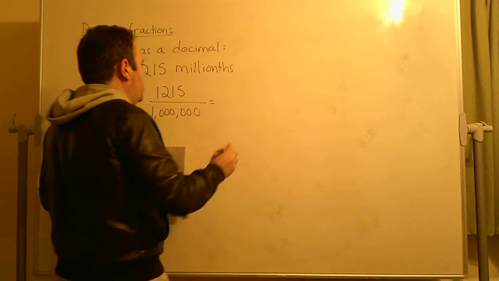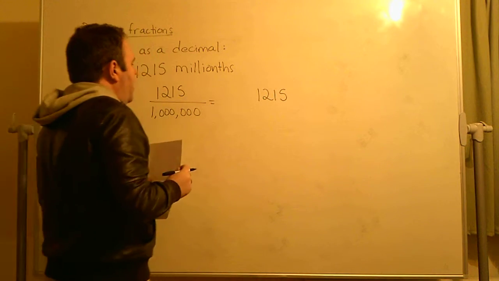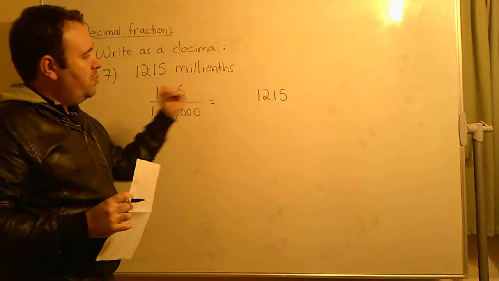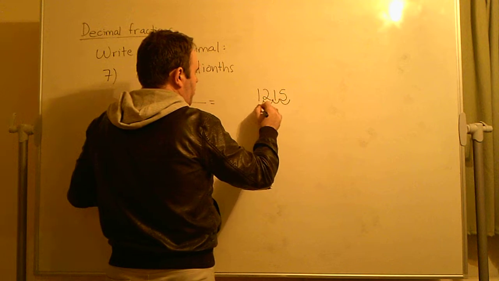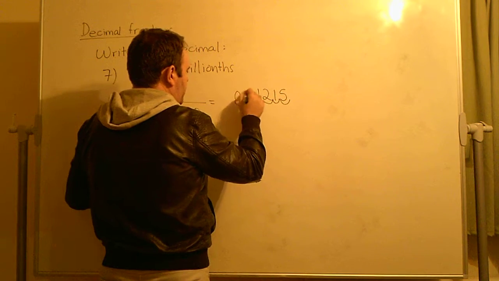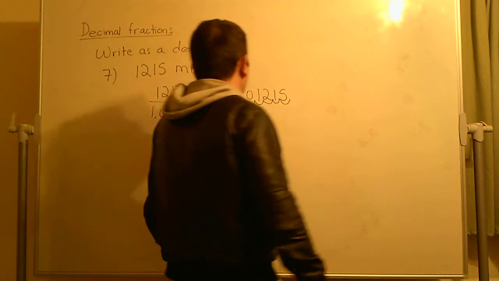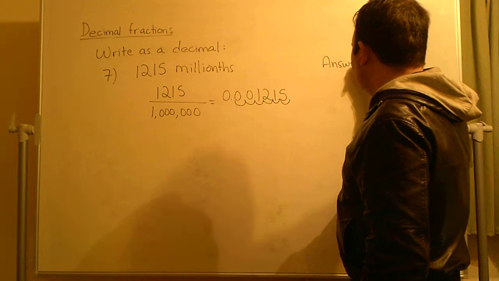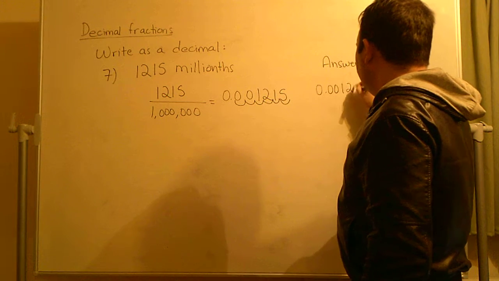So, we write down 1,215, and then how many zeros do we have? 6. So we need to move these 6 places to the left. So 1, 2, 3, 4, 5, 6. So the answer would be 0.001215.